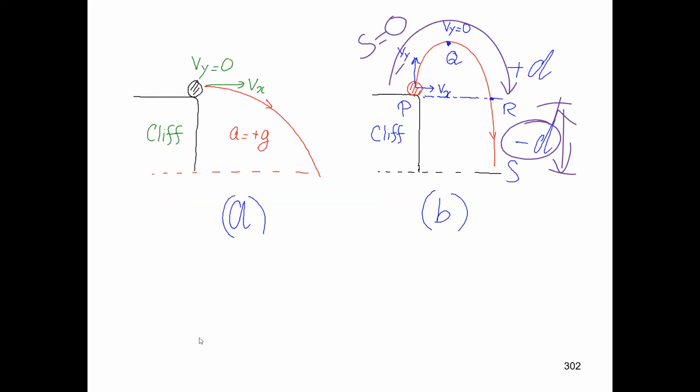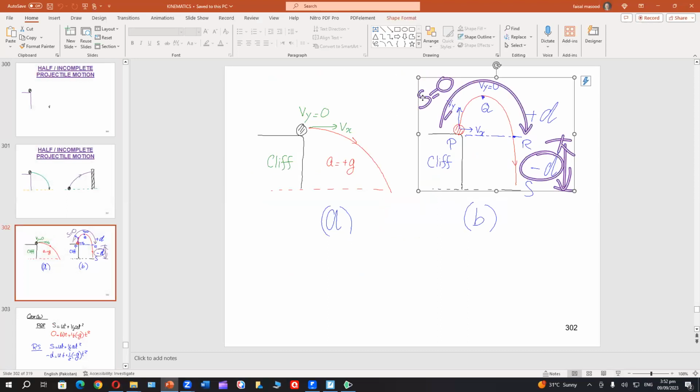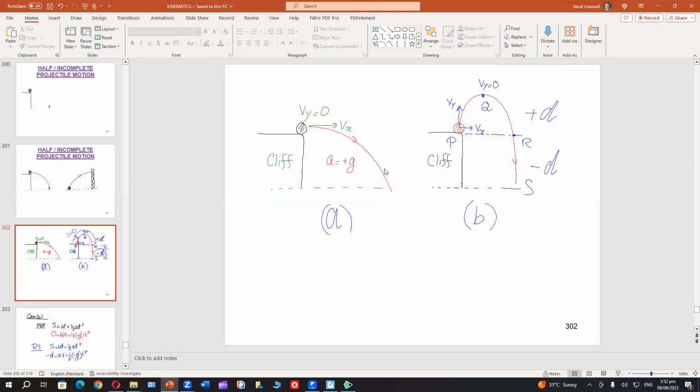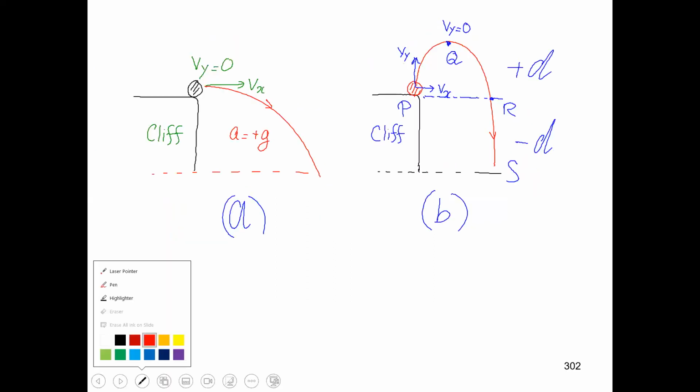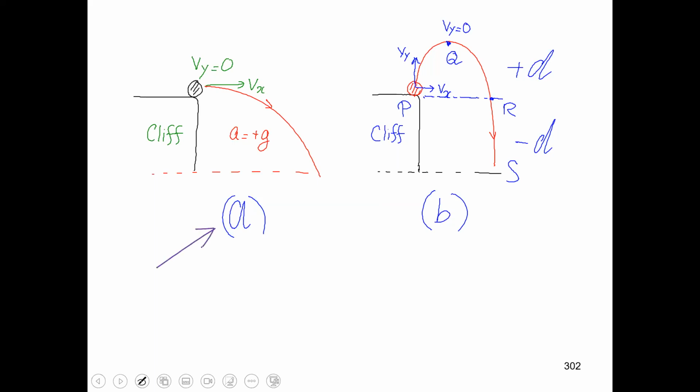Now, we are going towards another difficult topic here, that in a projectile motion, when you throw something upward, there are three versions, there are three options. I'm first focusing on option A. You can look here, when you throw it horizontally, what happens?